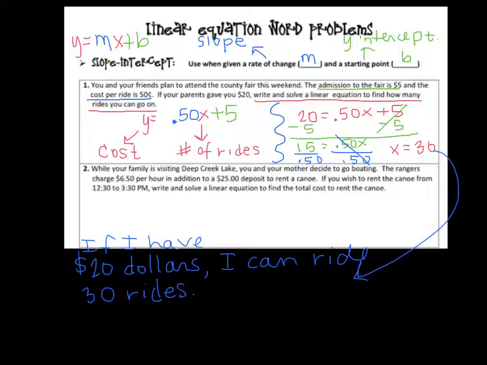Okay, so it's important to go back and look at your problem to make sure you're answering the question that is being asked. So I can ride 30 rides for $20.